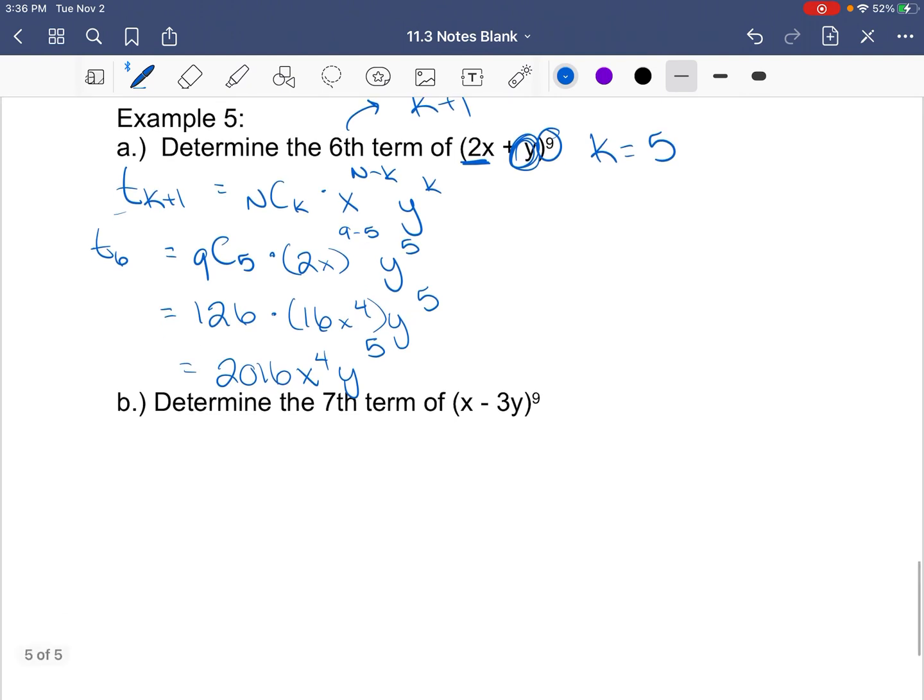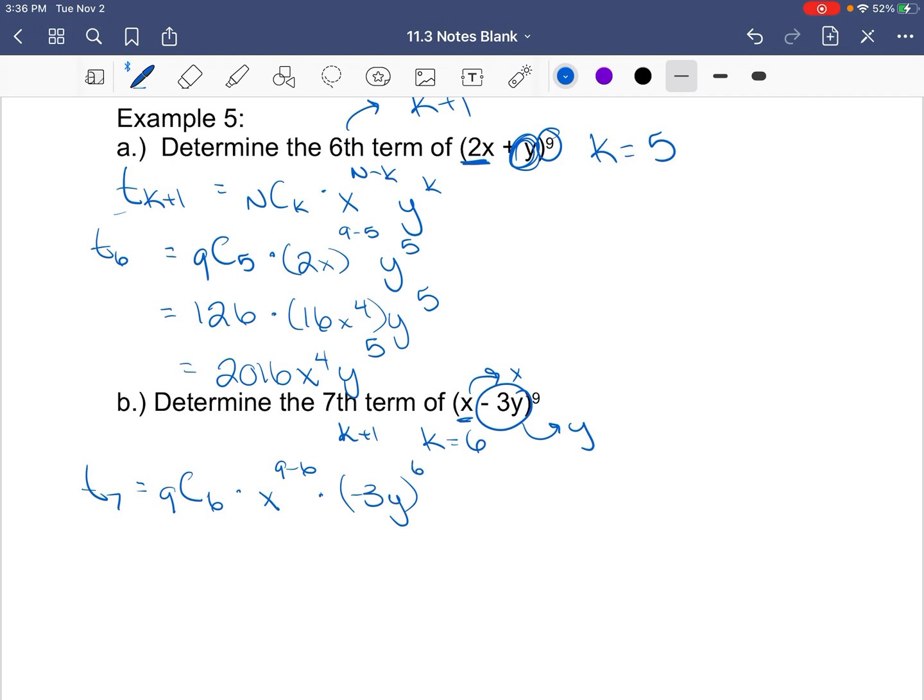For determining the 7th term, so again, k plus 1, k is equal to 6. This is our x term. This is our y term. So we're looking for the 7th term. We've got 9c, our k is 6, times our x term, which is there, to the power of 9 minus 6, times our y term, which is negative 3y to the power of k, which is 6.